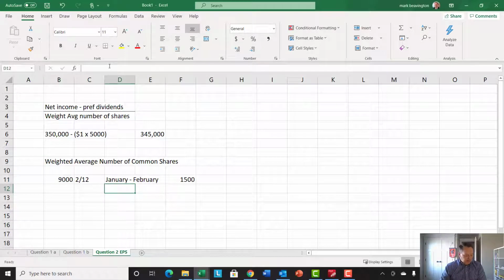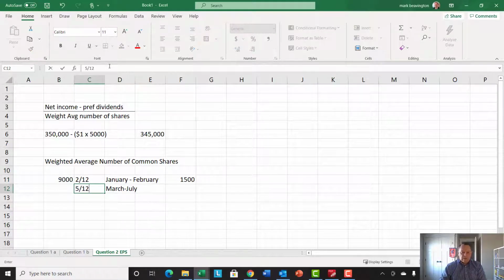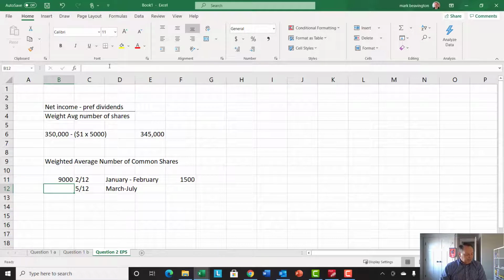So the next period that we had shares was from March the 1st to, in this case, it looks like it's July the 31st. So that's fine. And that would be March, April, May, June, July. So that's 5 months of 12. And during that time, we had issued more shares.